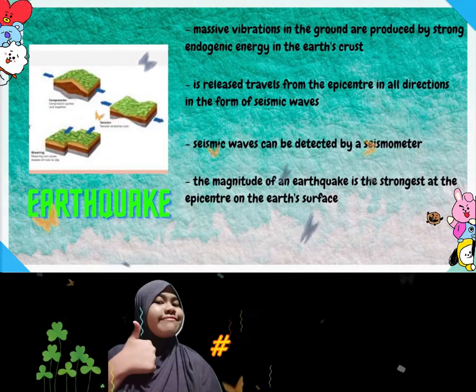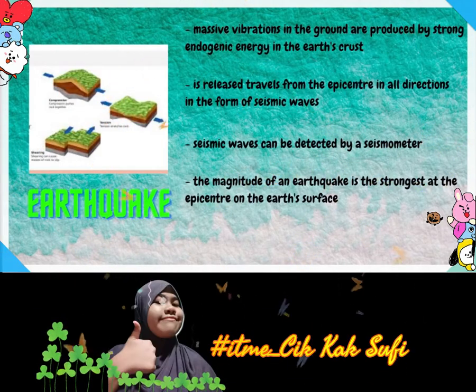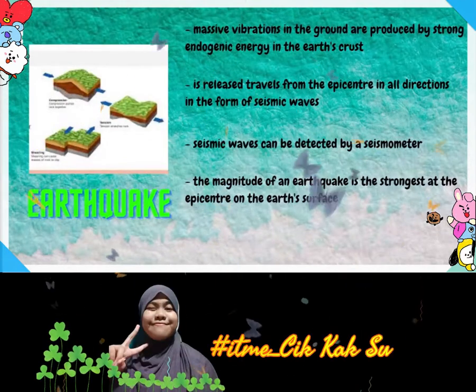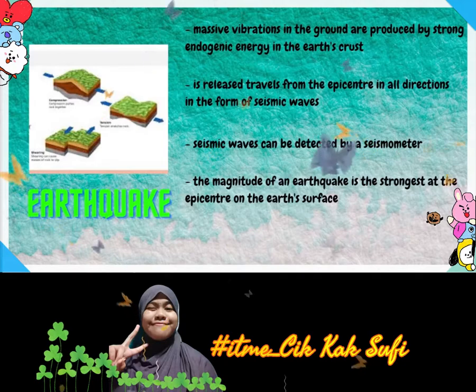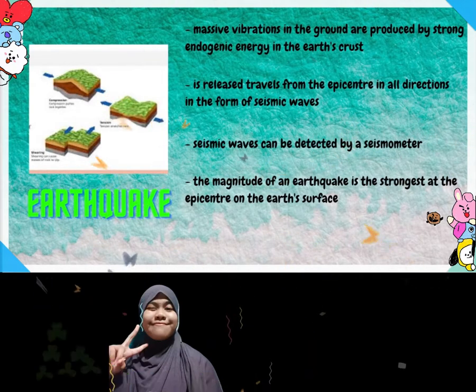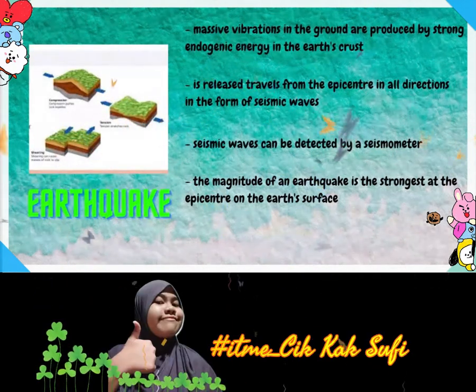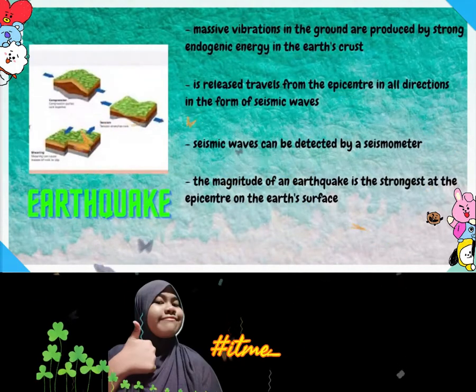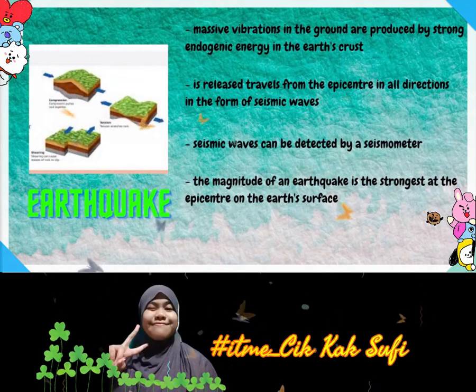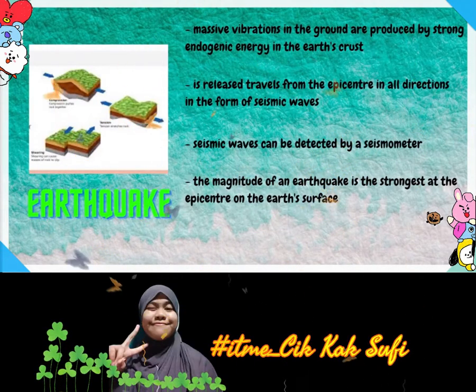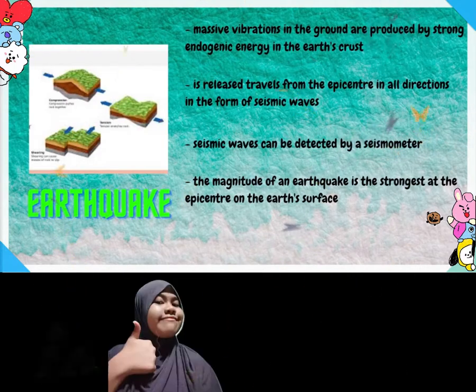Massive vibrations in the ground are produced by strong endogenic energy in the earth crust. Its release travels from the epicenter in all directions in the form of seismic waves. Seismic waves can be detected by a seismometer. The magnitude of an earthquake is the strongest at the epicenter on the Earth's surface.